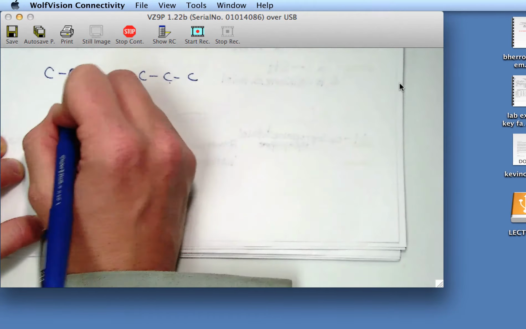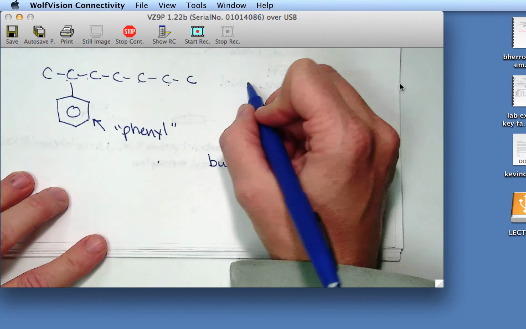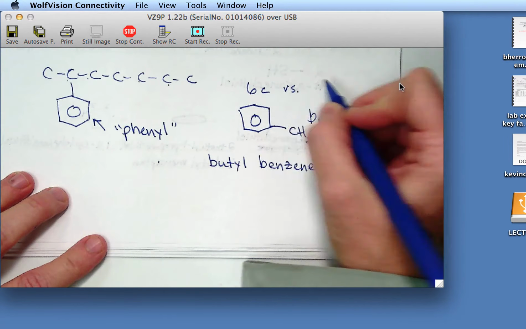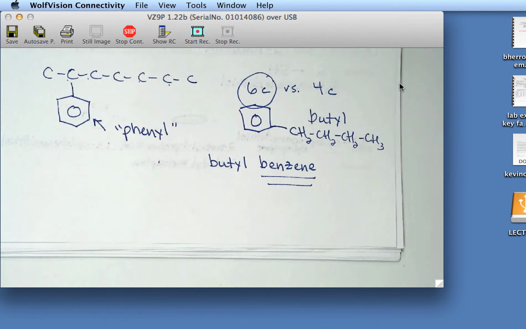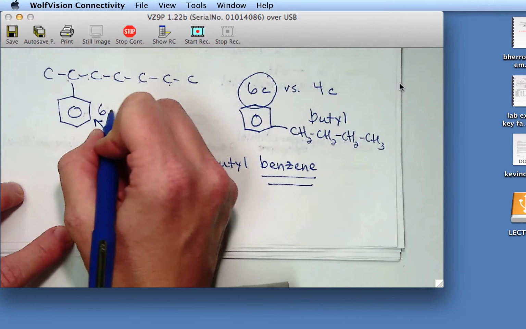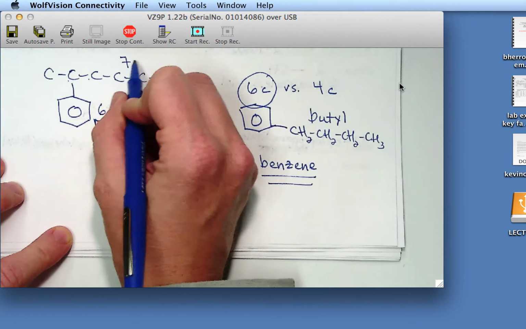So it's going to be butyl benzene. So the parent, butyl benzene. So this is 6 carbons versus 4 carbons. That's why benzene is the parent. This one is 6 carbons versus 7 carbons.